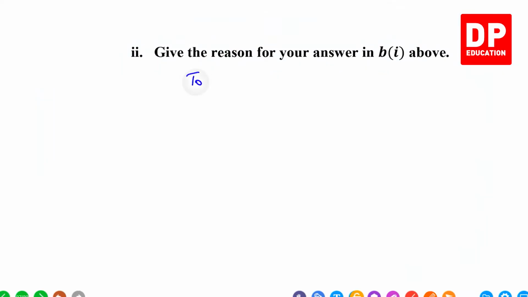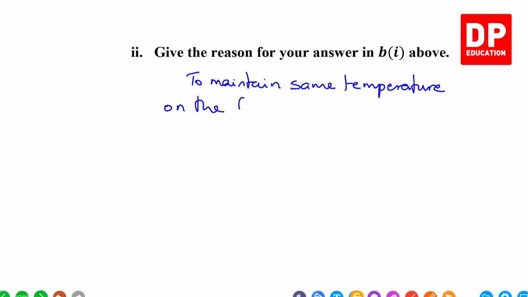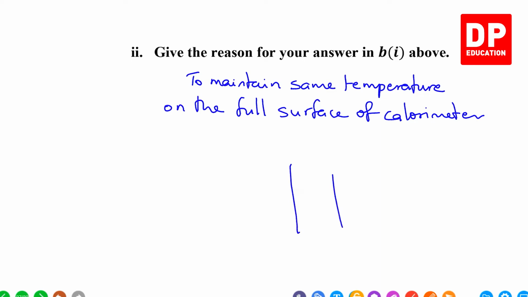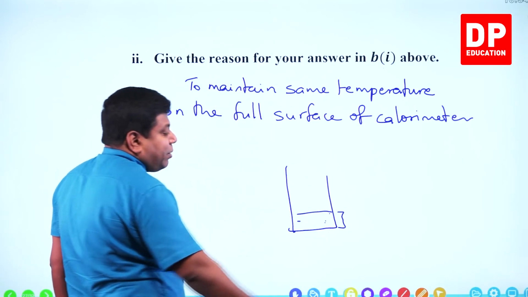To maintain the same temperature on the full surface of the calorimeter. Otherwise, what will happen? Listen. See, if you have put water only up to here, so this part will be at the same temperature as the water.